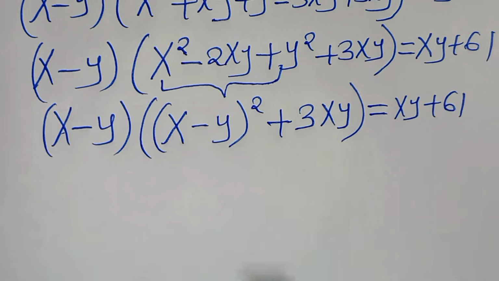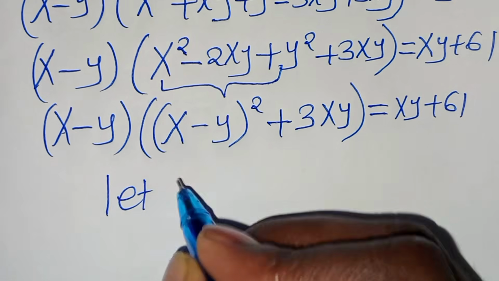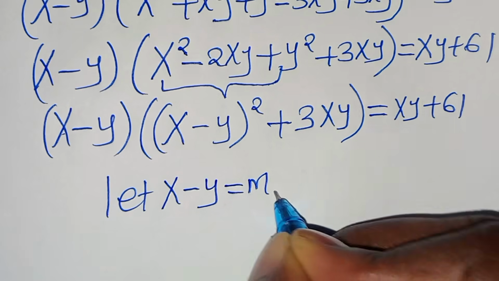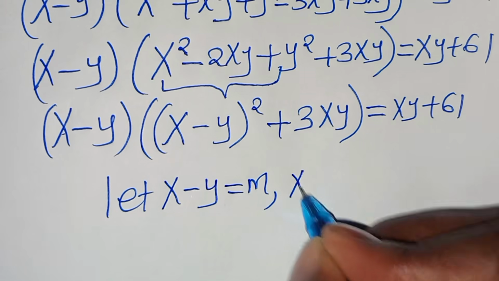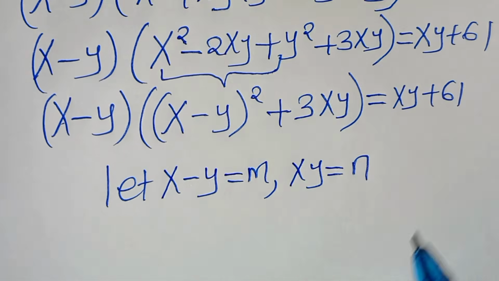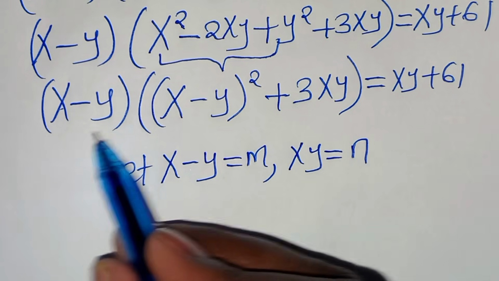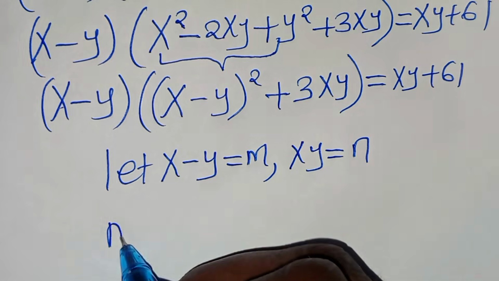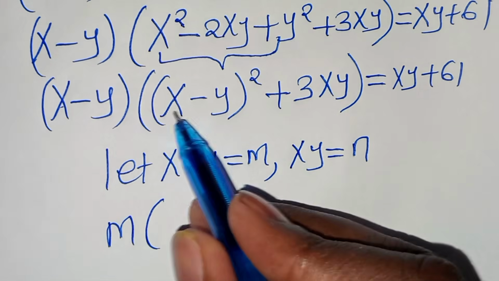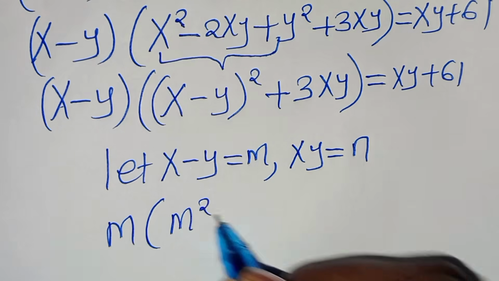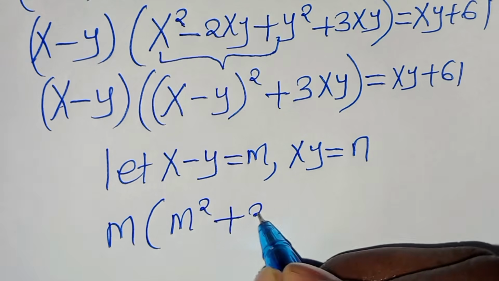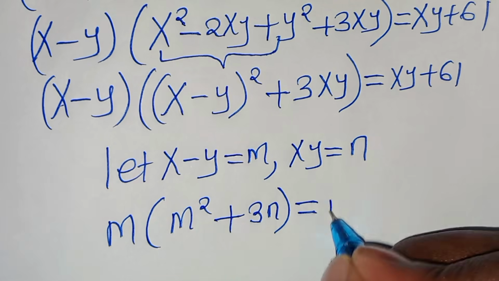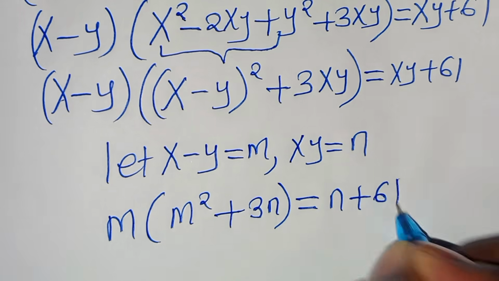The next step is that we can let x minus y be equal to m, and we can let x times y be equal to n. So let's express this equation in terms of m and n: m times (m squared plus 3n) is equal to n plus 61.